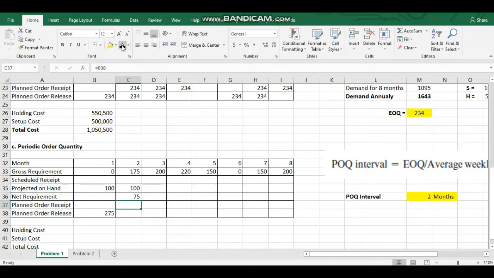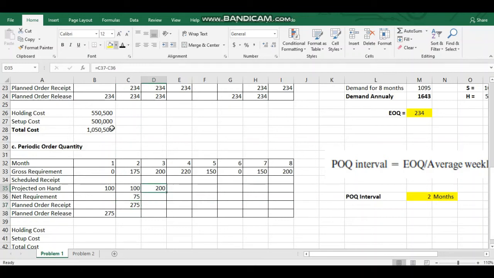Our order will be received here, and there will be 200 units remaining as our inventory, because this requirement will be fulfilled using our inventory, and the remaining 75 units will use this planned order receipt.